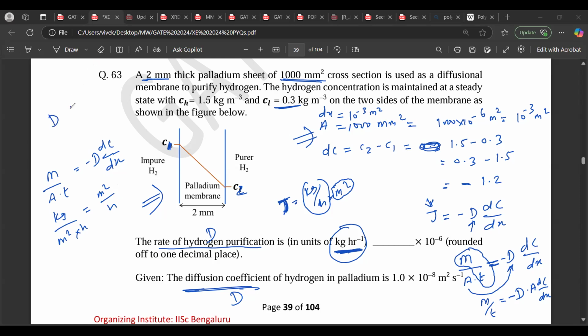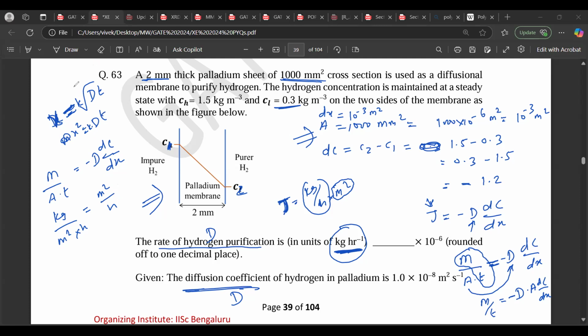You know very well, right? D equals root x equals root Dt. Of course, it's never equal, it's proportional, but you can write equal with k, where k is a constant number. So x is in meter, so you can write x square equals Dt.